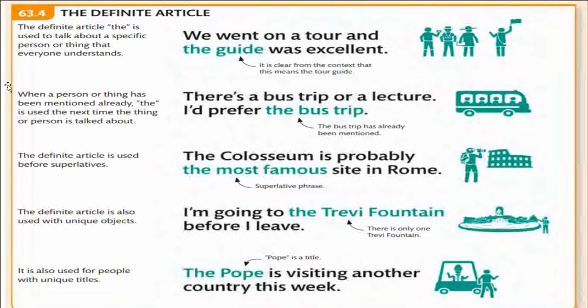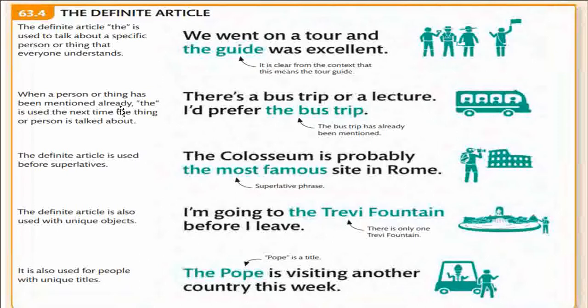The next pointer that we have is that when a person or thing has been mentioned already, that means in a context, in a sentence, if you're talking about say John, in the first sentence you have mentioned John went to school, then you can talk about the school as the school was big.